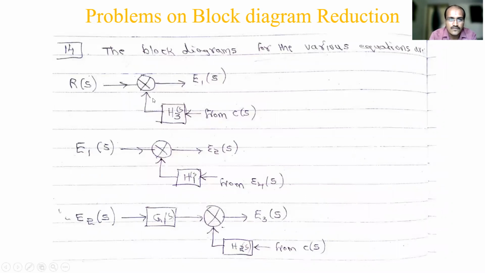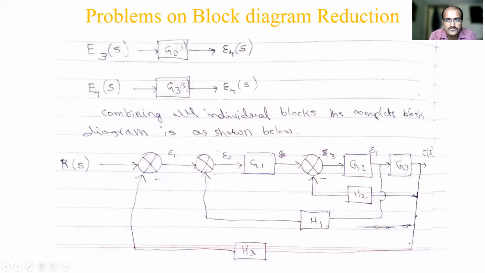So for the first summing point, H3 coming from C of S. The second summing point, it is H1 coming from E4 of S. That means the output of E4. From there you have to take the takeoff point. Then you have H2, coming from output C of S only. Only three you have.